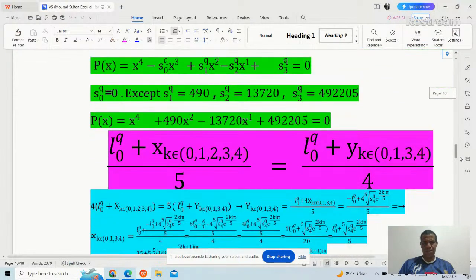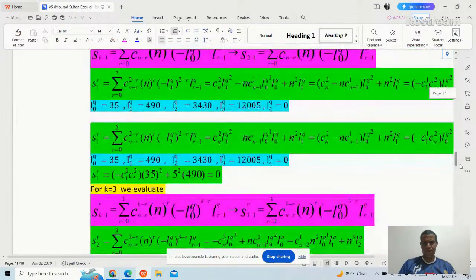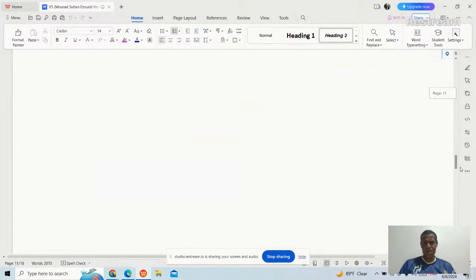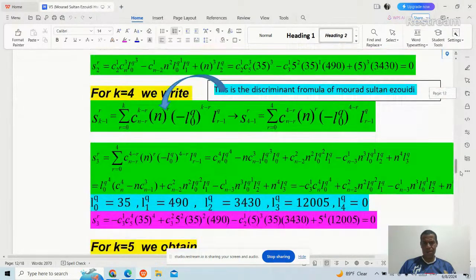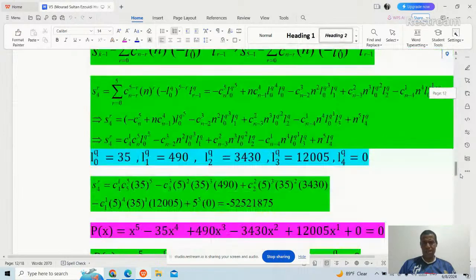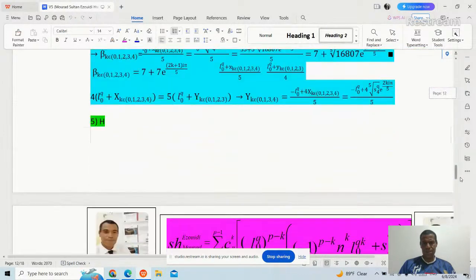Example number 5 or 4, I think. We did it yesterday; we practiced the discriminant formula of Mourad Sultan Ezouidi.